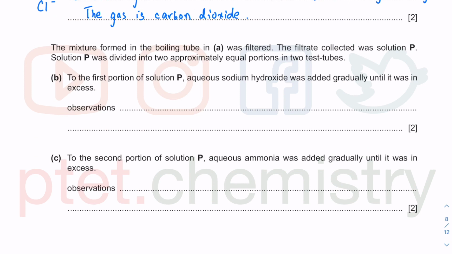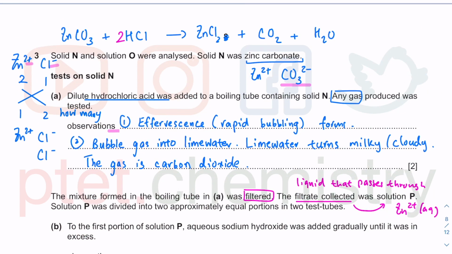So this mixture formed in a boiling tube, you filter that. The filtrate is the solution, the liquid that passed through the filter paper. And the reason why we do this is probably because some of the carbonate did not react. So that means that we only want the solution that passed through. What we have is Zn2+ aqueous, because we had the zinc chloride.